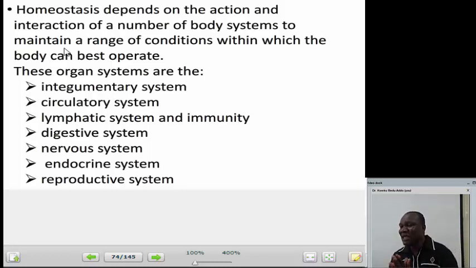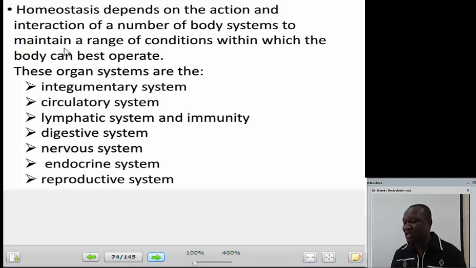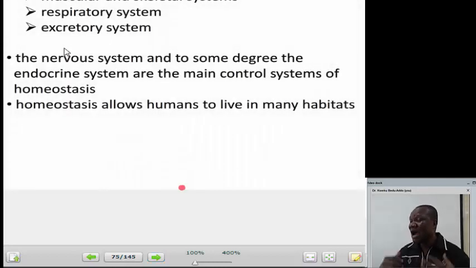Now, homeostasis depends on interaction between the 11 organ systems that we saw yesterday during our lecture on the levels of organization in the human body. The 11 organ systems in the body are responsible for maintaining homeostasis in the human being.